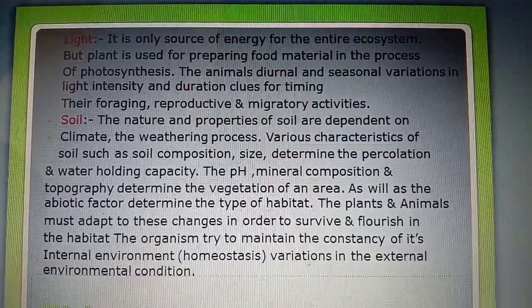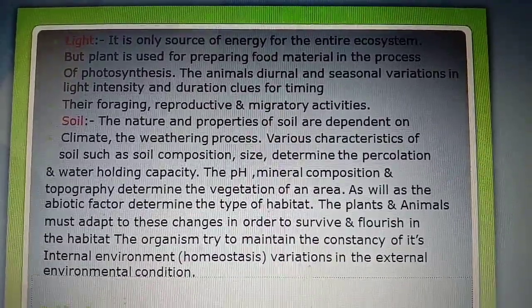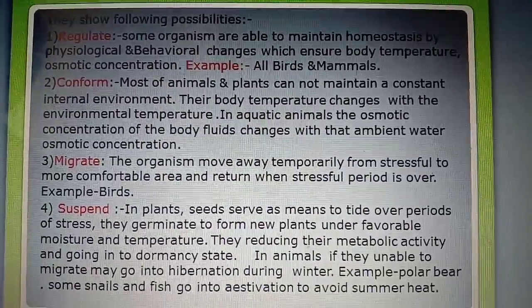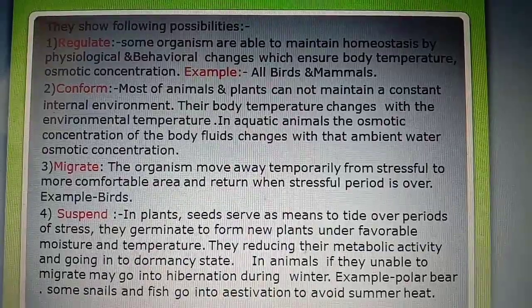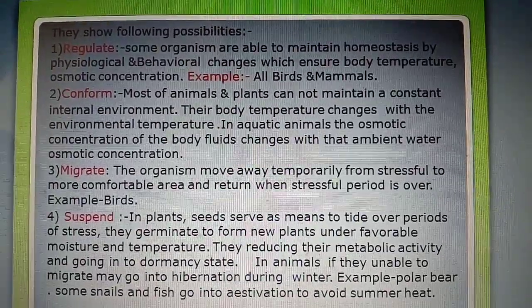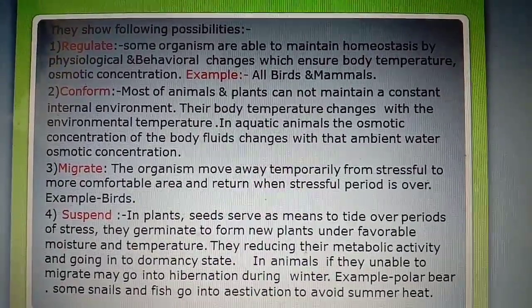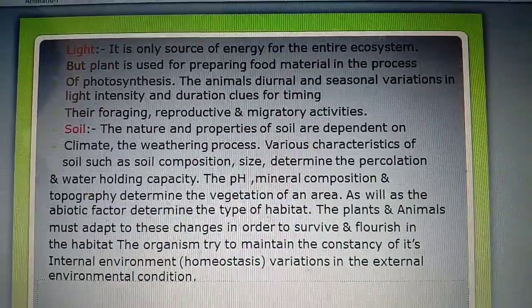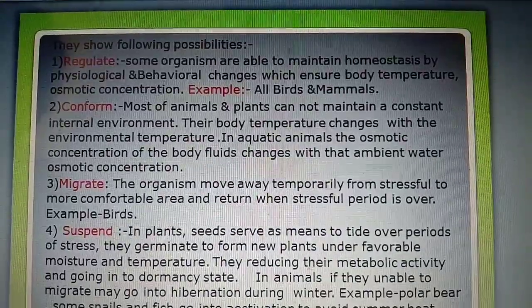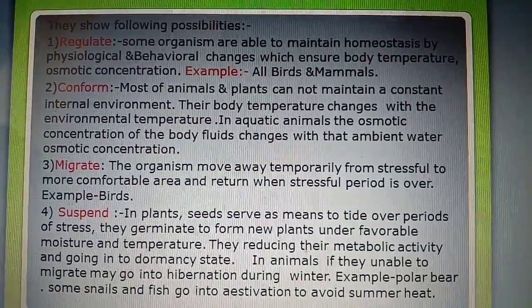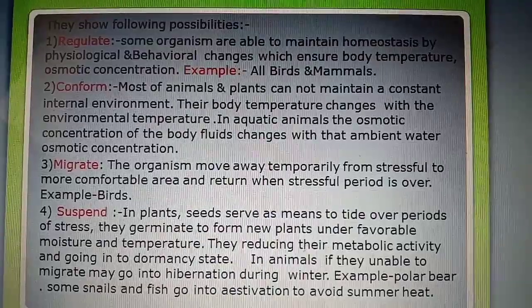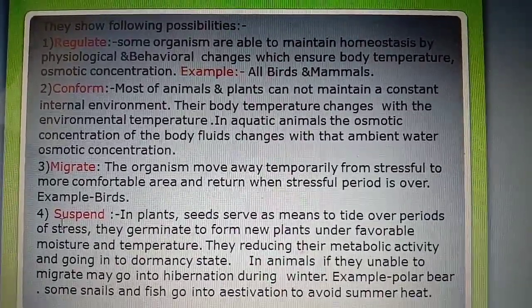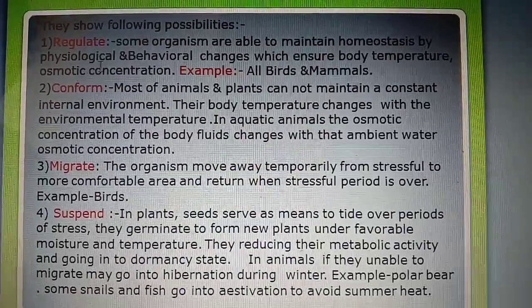Next, the possibilities: first, regulate.